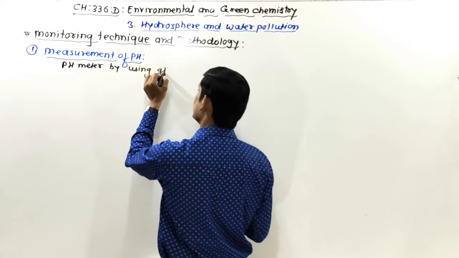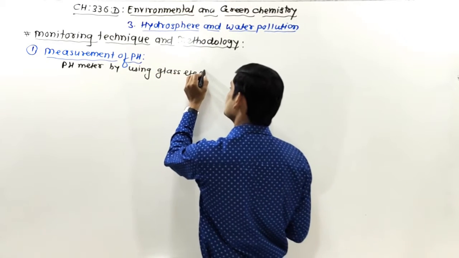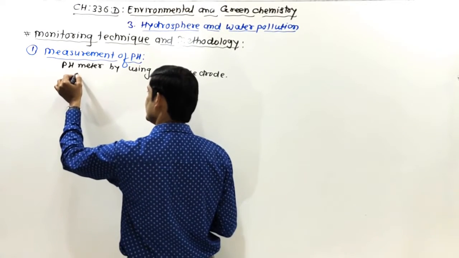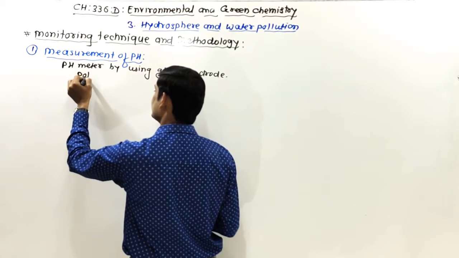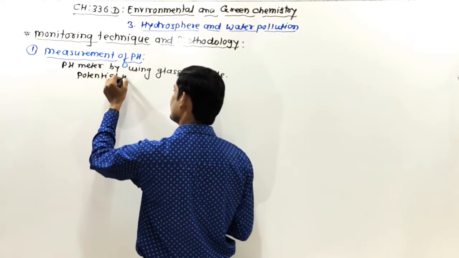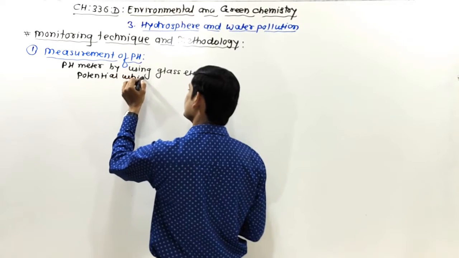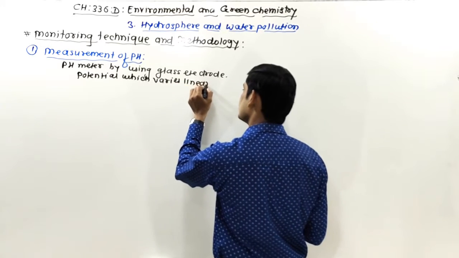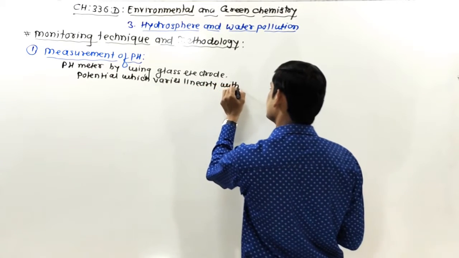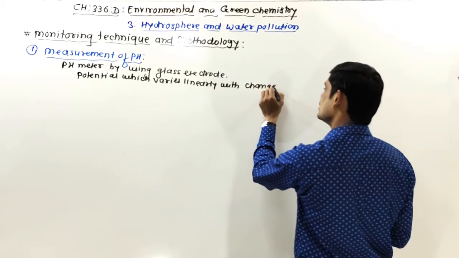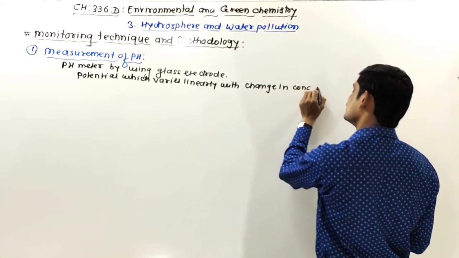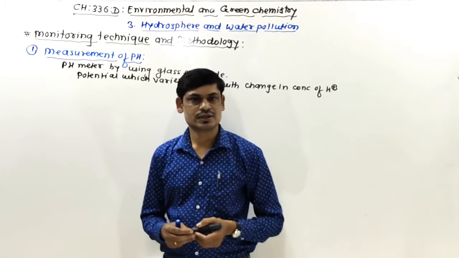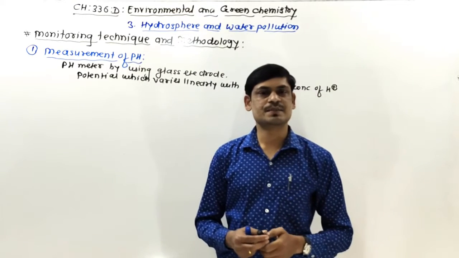It means that the pH is measured using a glass electrode, and it generates a potential which varies linearly with change in concentration of H plus ion of the solution in which it is dipped.